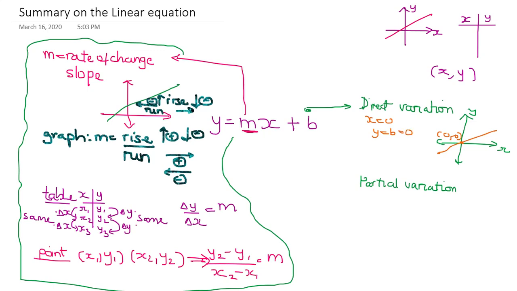However, partial variation means that our graph, where we have our y and our x labeled on each axis right there, we have our line, it doesn't cross the origin, rather it crosses any point on the y axis.